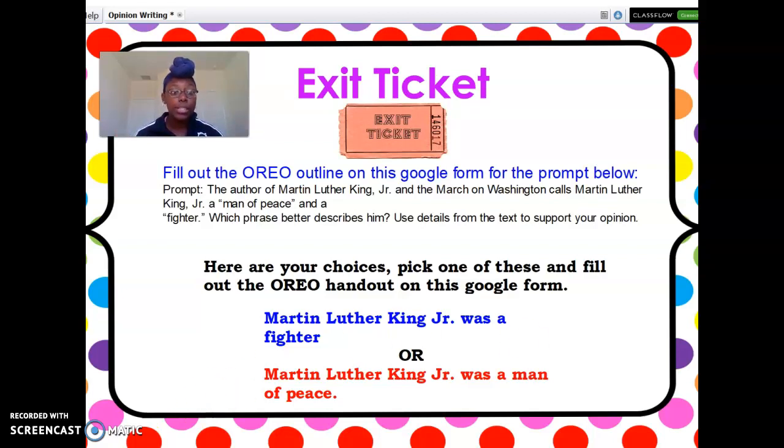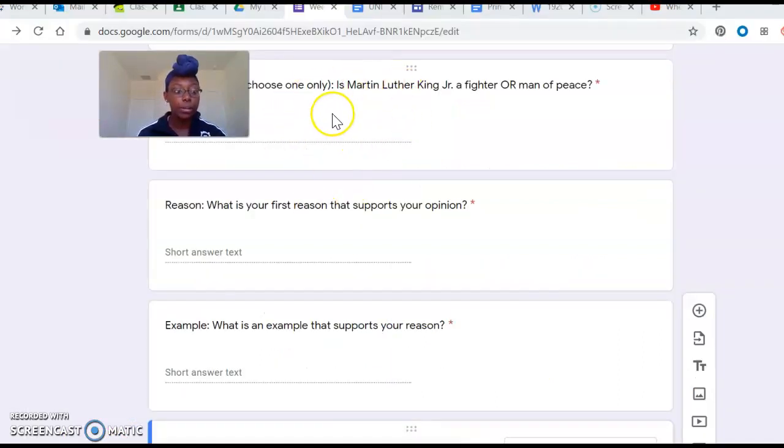So first, you're going to pick one or the other. So you're only going to pick one. So right here on your Google form, you're going to pick. You're only choosing one. If he's a fighter or a man of peace. So you're going to write Martin Luther King Jr. was, and you're going to pick fighter or man of peace. Don't pick both.